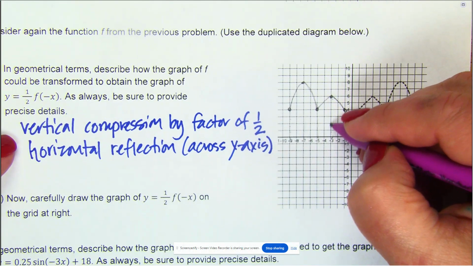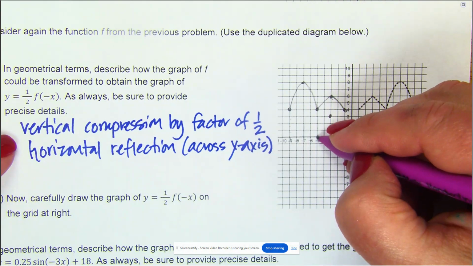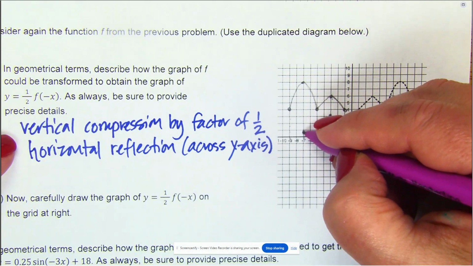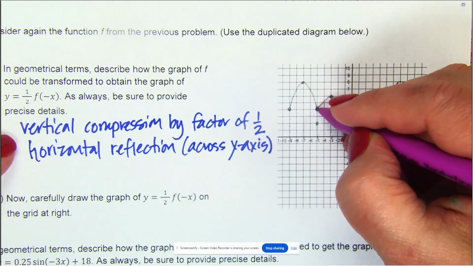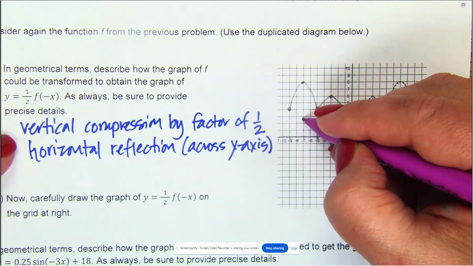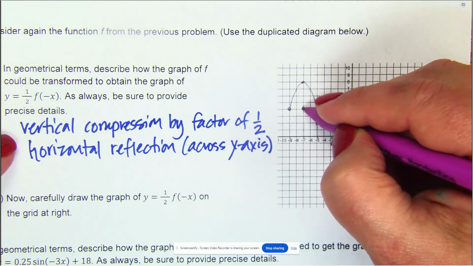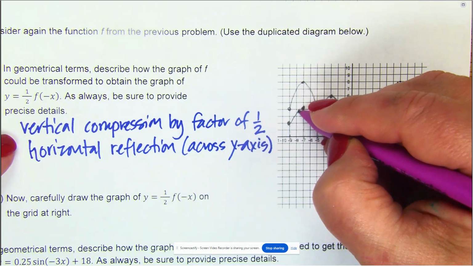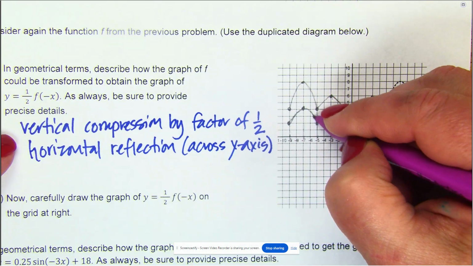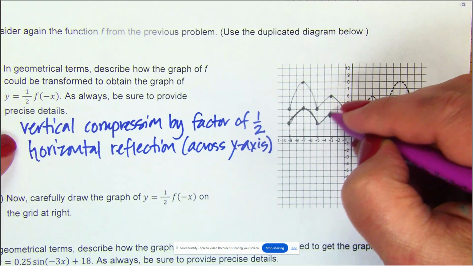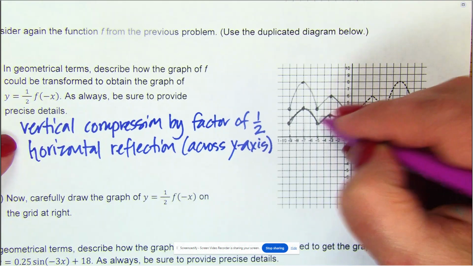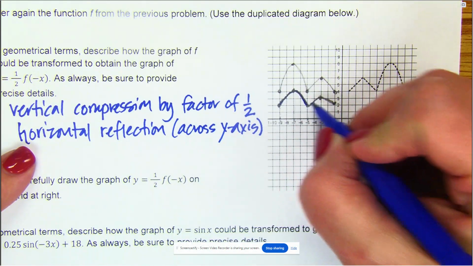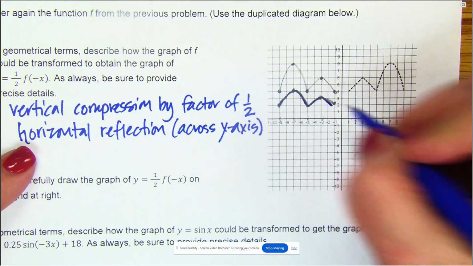That's only going to be 3 away. 4 away is only 2 away. 8 away is only 4 away.